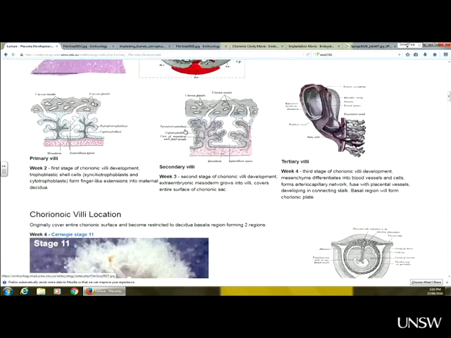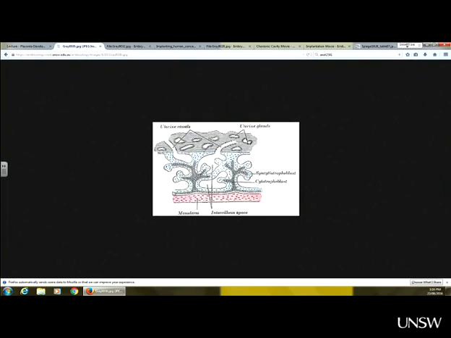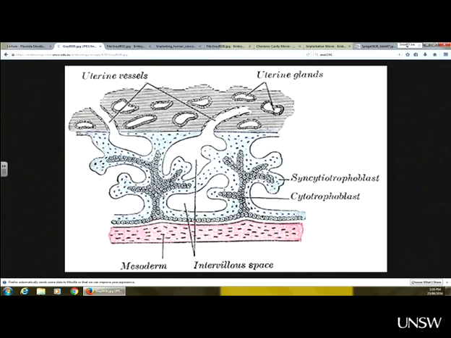So we describe the formation of those little finger-like extensions as 3 specific stages in the formation of a villi. The first stage, which is shown here, is when we just have these finger-like extensions made up of trophoblast cells.